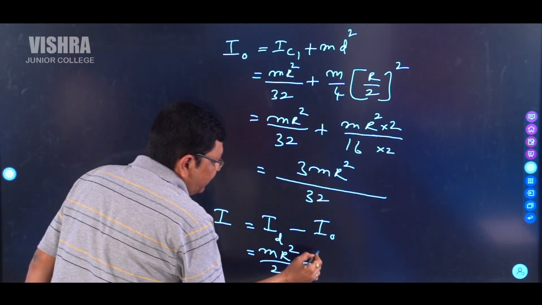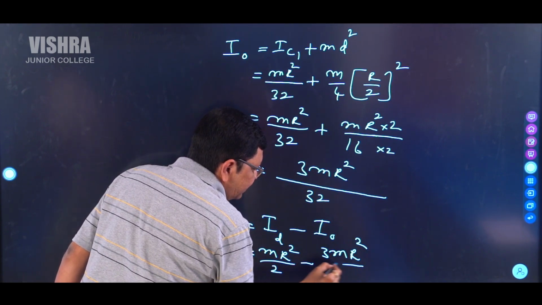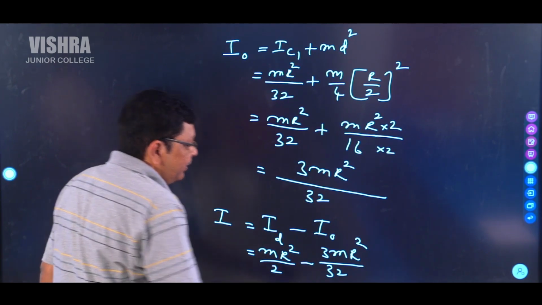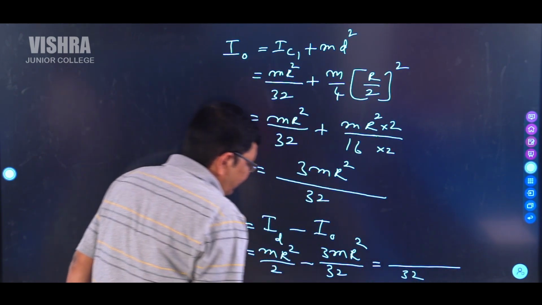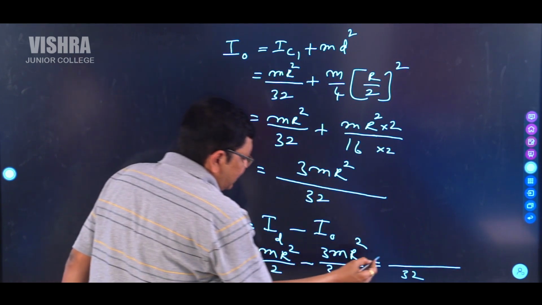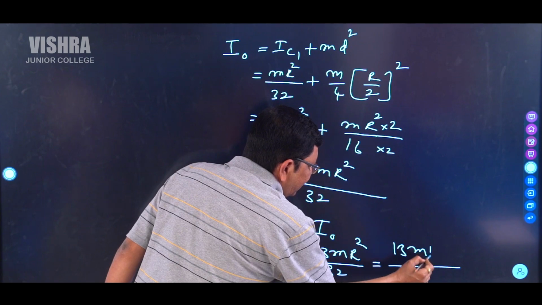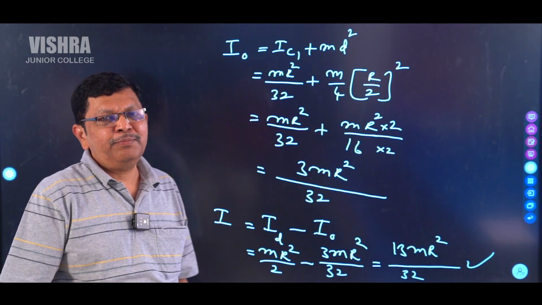From this, the cavity portion moment of inertia I have to remove because that mass is removed. So 3 MR square upon 32. Here we can take 32 as LCM, so 16 MR square minus 3, that is 13 MR square upon 32, will be the moment of inertia of the remaining portion.